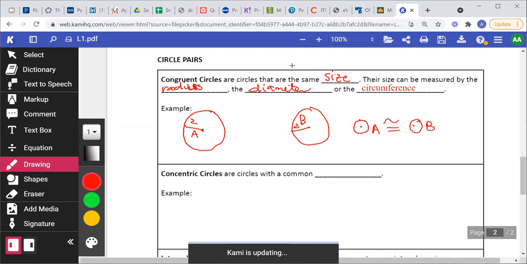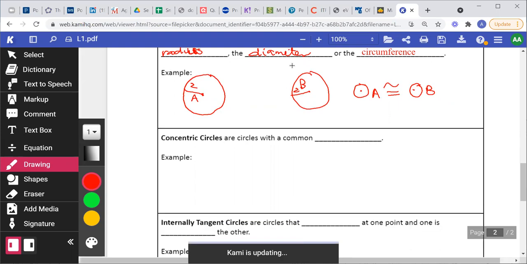Then concentric circles. I think we've done that on Friday, where concentric circles are when one circle is inside the other and they have the same center, okay? On Monday, we talked about it.